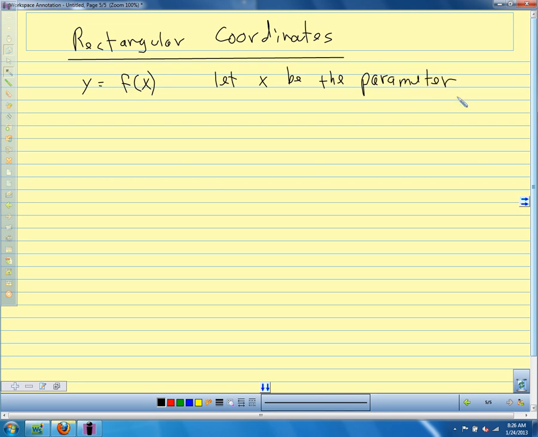So we're just going to say our parametric equation for our curve, we're going to let r be a function of x, is going to be x i plus f of x j, plus 0k. And then r prime is going to be i plus f prime j.